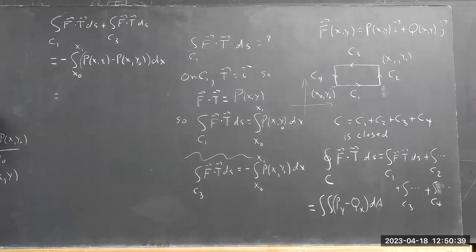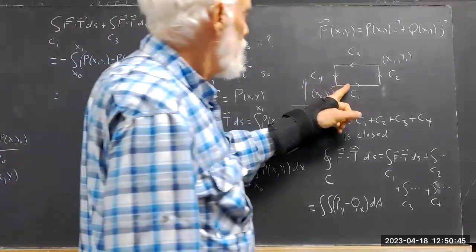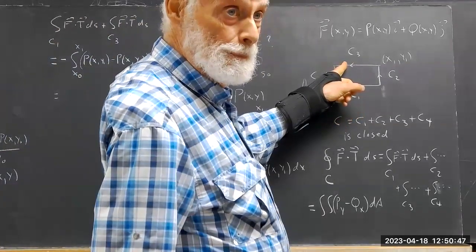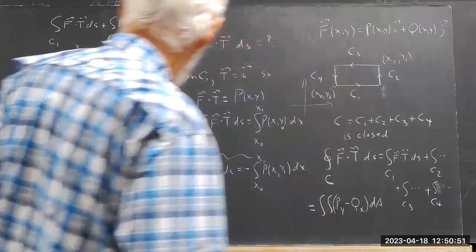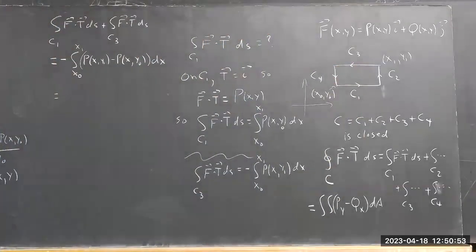This is your difference quotient between the value of p here and the value of p up here. Being the difference quotient, its limit as y1 approaches y0 is going to be p_y of x, y.